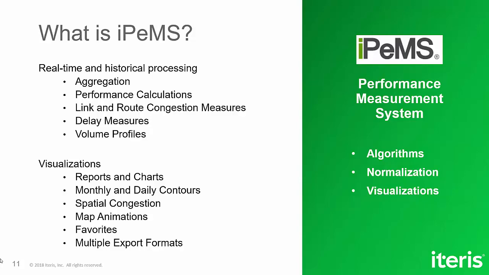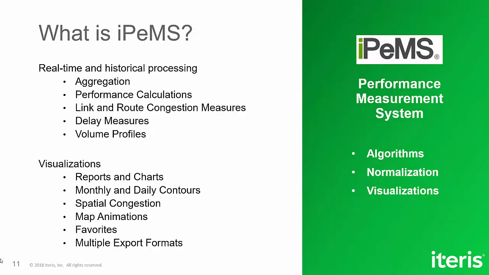And then we visualize that data in a number of different forms. The lower section of the slide goes into reports and charts. We have heat maps, which are contours that you can look at over the course of a month or for a particular day to see where your bottlenecks are and how they occur.